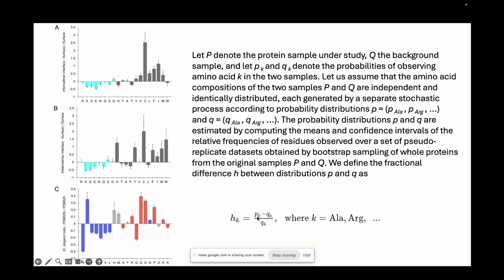At that particular position, whatever position you are interested in, what is the probability that it is an alanine, what is the probability it is an arginine, and so on and so forth. So for each amino acid, you calculate the probability in P minus the probability in Q, divided by Q itself. So you get this H parameter which you plot.